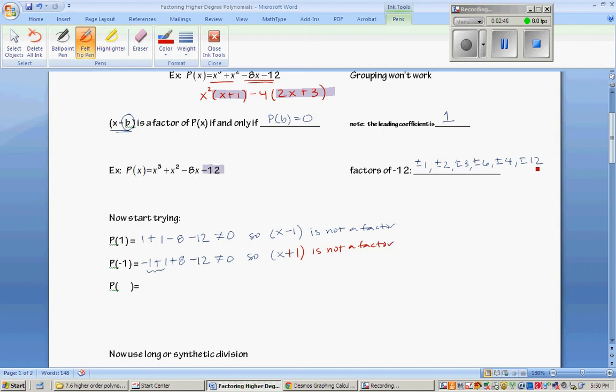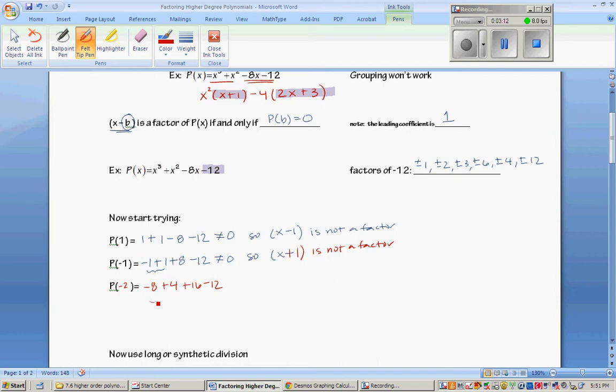You can know that you don't want to plug in 12 because 12 cubed plus 12 squared is way too huge to actually have it equal 0 when you subtract 8x minus 12. So what we're going to do is cut right to the chase, and we're going to try negative 2. If we plug in negative 2, we're going to get negative 8, then plus 4, plus 16, and minus 12.